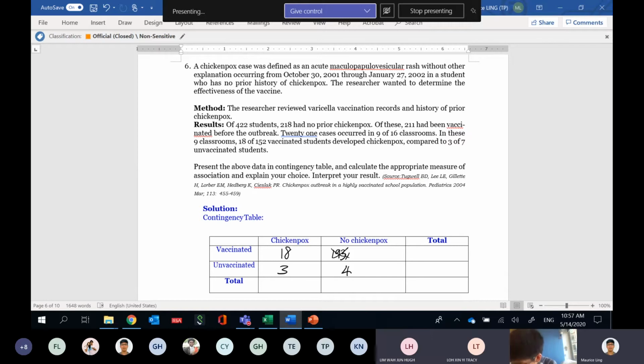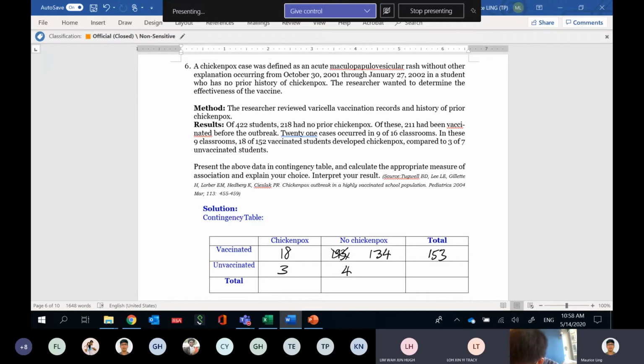You get chickenpox once, you don't get it again most of the time. So here, actually, the total should be 153 instead of 218. So you minus it off. Here should be 134. Why I say this is difficult is because you need to have a little bit of immunology with you.